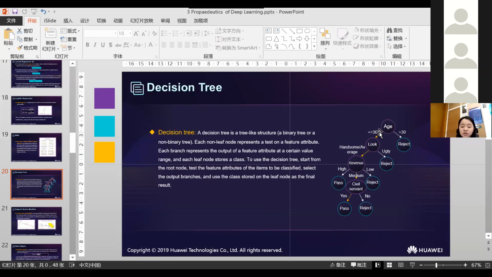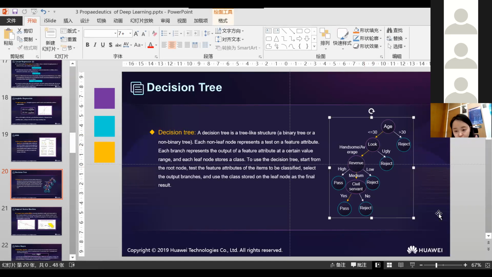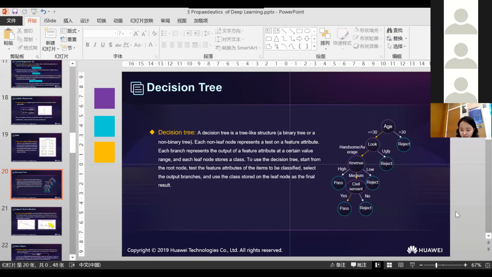If we split the whole samples according to these attributes, we will get the most information gain, and then we will continue the splits till the whole decision tree is completed.